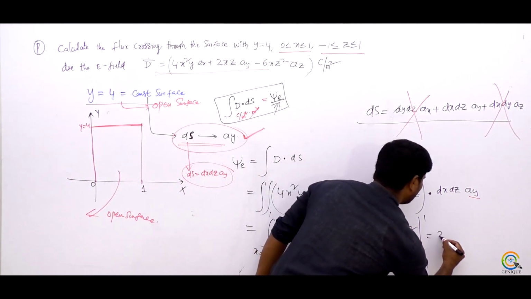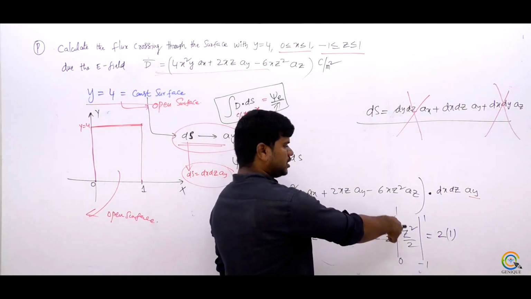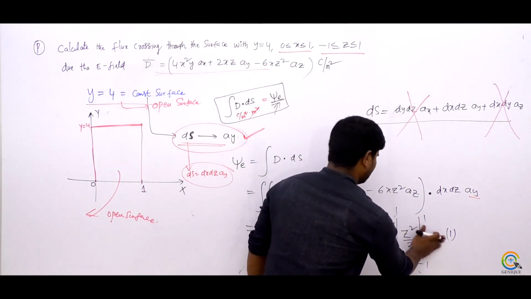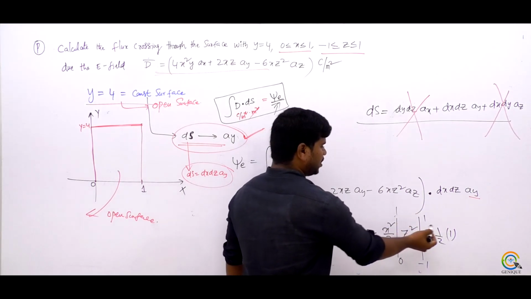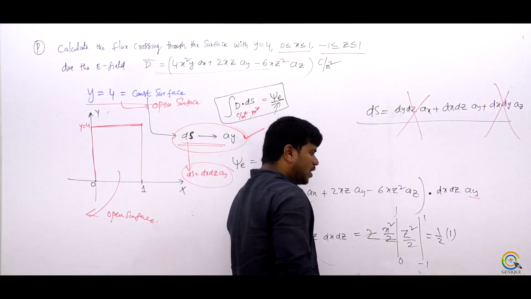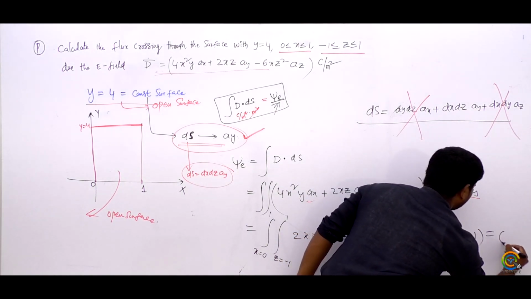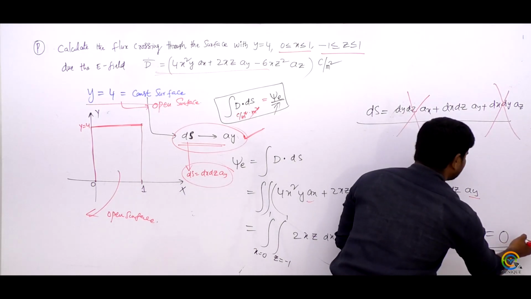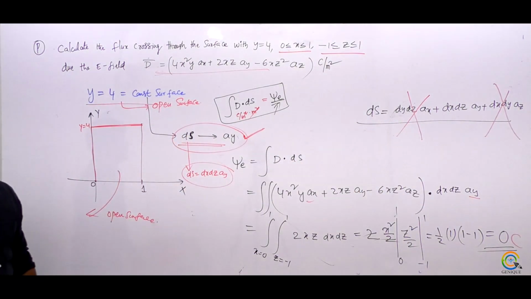Here you will get 1 minus 0, which is 1, and then 1/2 into (z² is 1 minus 1). Here finally you will get 0. So 0 coulombs is crossing this surface, whatever surface you have taken.